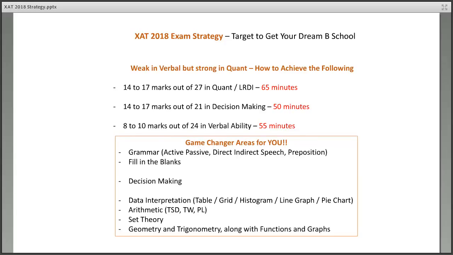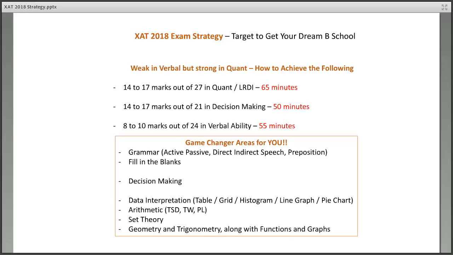Then apart from decision making, which you surely need to focus on, topics in quant which you should be focusing on apart from data interpretation, arithmetic and set theory are geometry and trigonometry along with functions and graphs. So geometry, trigonometry, functions and graphs, their hybrid questions, their standalone questions is what you should be very confident at to get a good score.